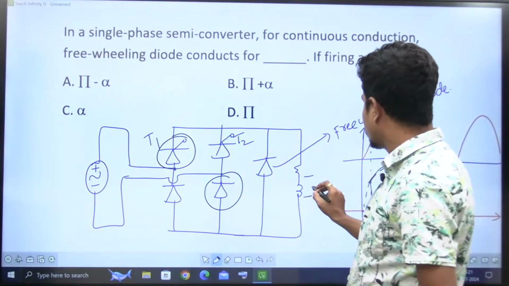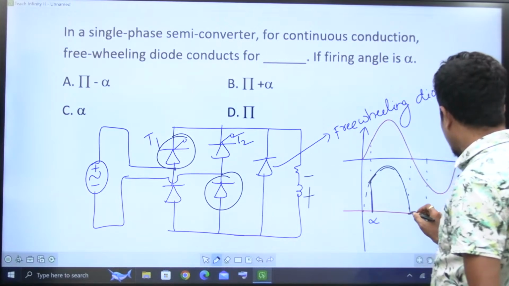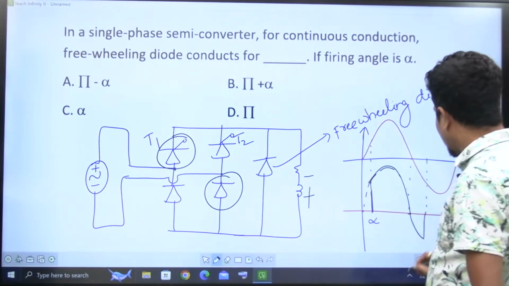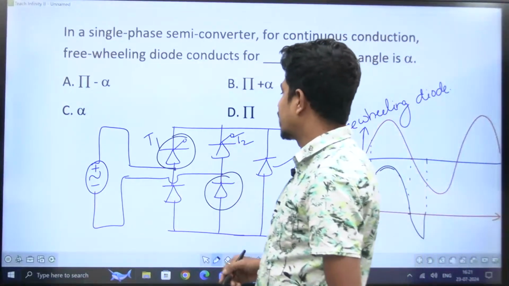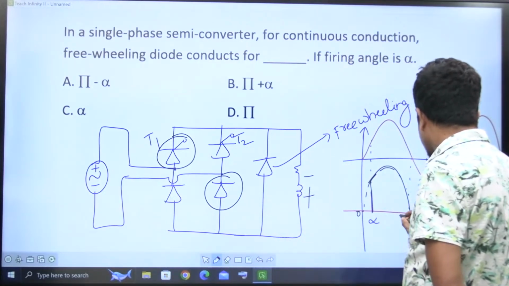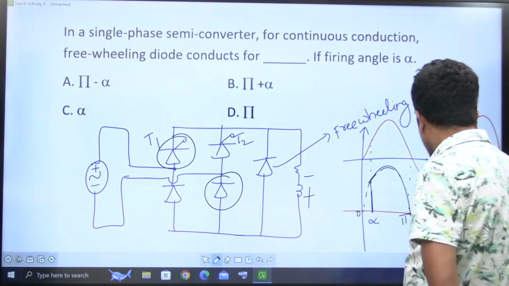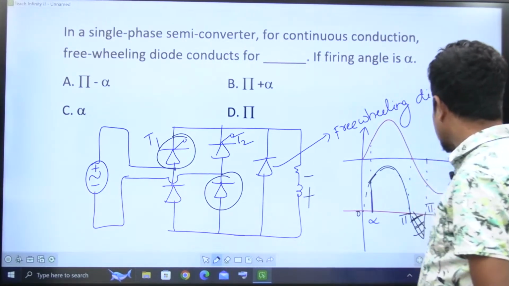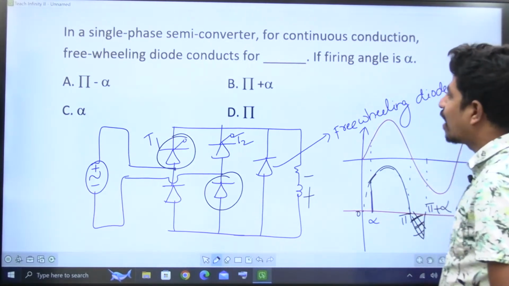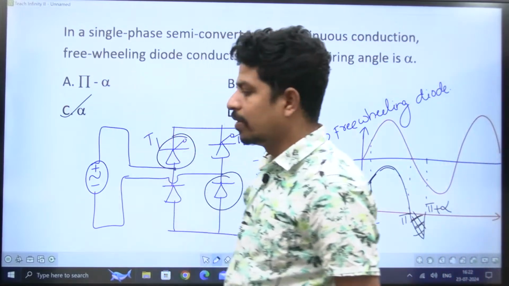The inductor will reverse its polarity, and it is going to conduct until the triggering of the next thyristor. So for 0 to alpha, that is pi plus alpha minus pi, that is alpha, the freewheeling diode is going to conduct. Harika, very good.